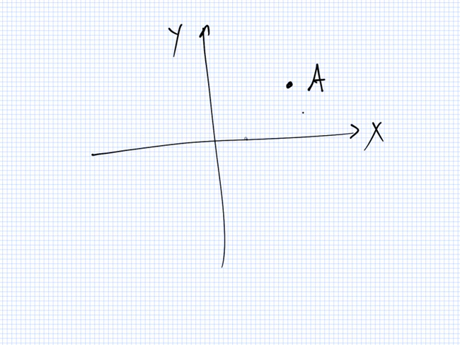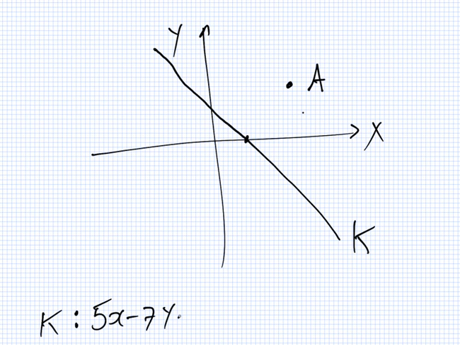Okay, so in this question here, we'll say, L is y equals mx plus c. K is equal to y equals 6x minus 4. And A is -5, 2.